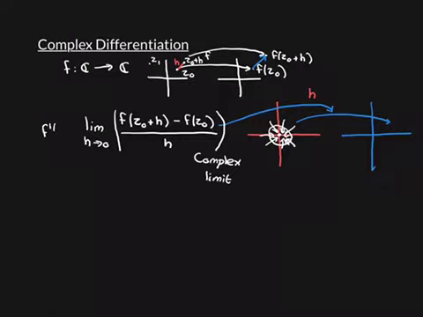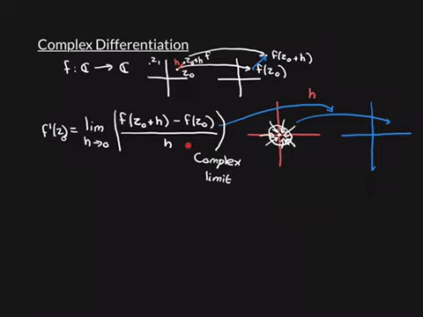And of course it looks exactly the same as how we define the derivative in real analysis, except that we have changed the x to z here, or rather I should say that that is the derivative of f at z0. That's the derivative evaluated at z0, but we could change the z0 to a general z, and then that would be the derivative of the function at a general point z.